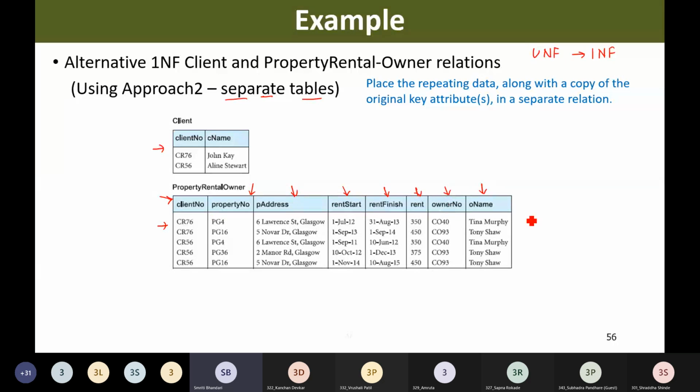So we have added this client number to identify which property belongs to which client, right? And we have come up with this separate relation. Another relation that we have is client number, client name. So now these two relations are in 1NF. This is in 1NF, and this is also in 1NF.